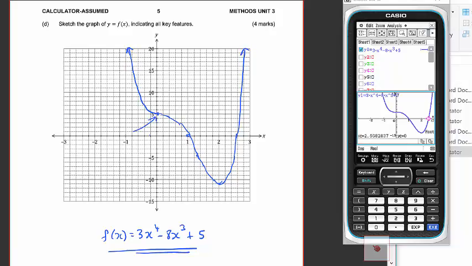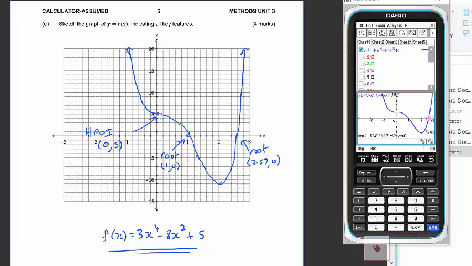So this was a point of inflection. In fact, it was a horizontal point of inflection at 0, 5, and we have a root at 1, 0. We had a root at 2.57, 0.